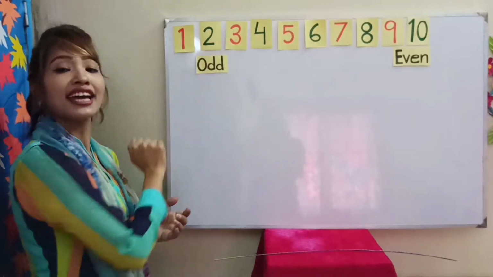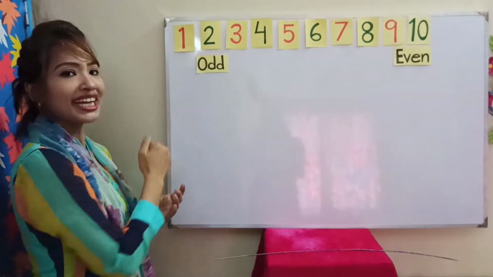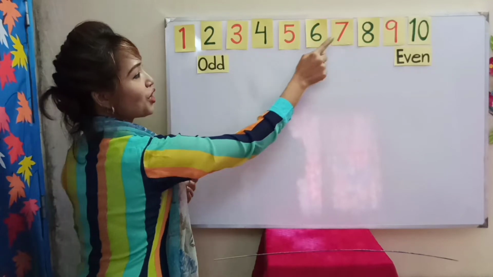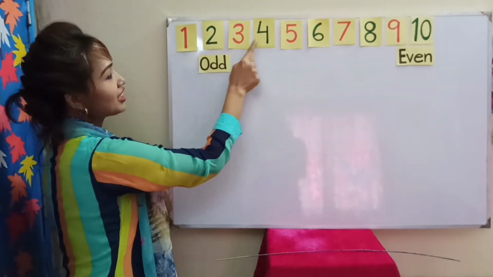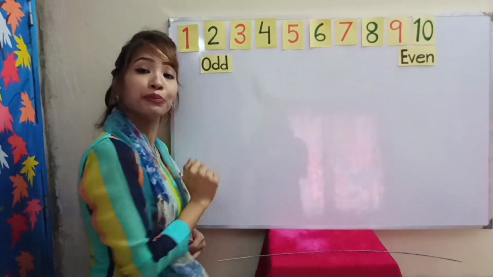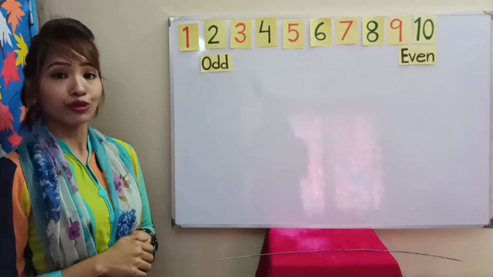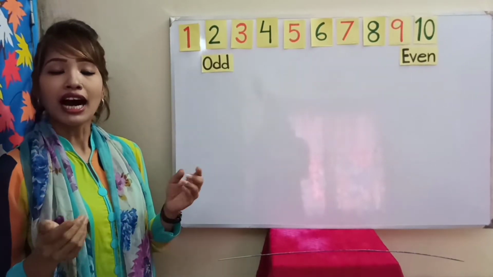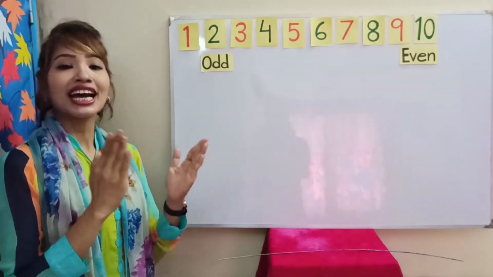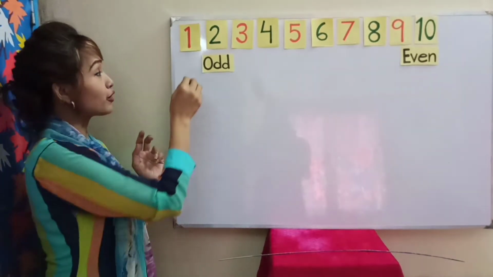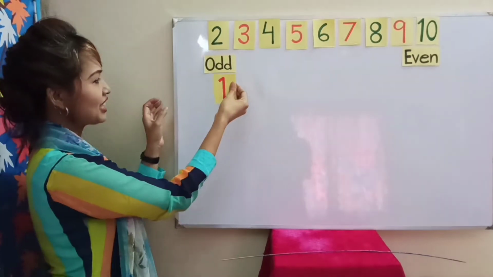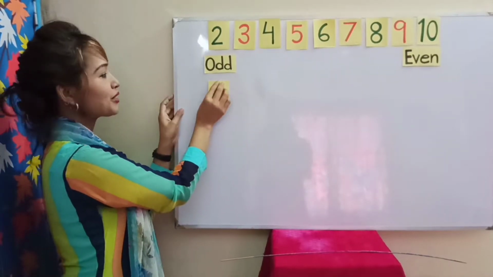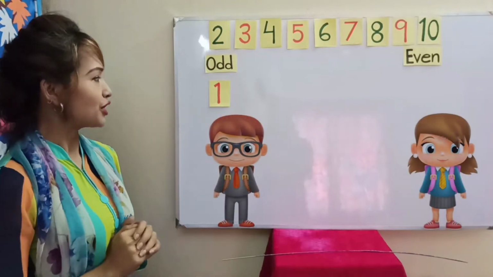Red is for odd numbers and green is for even numbers. I will show you how to recognize odd and even. For that, first I am removing number 1. So, 1 will be an odd number.